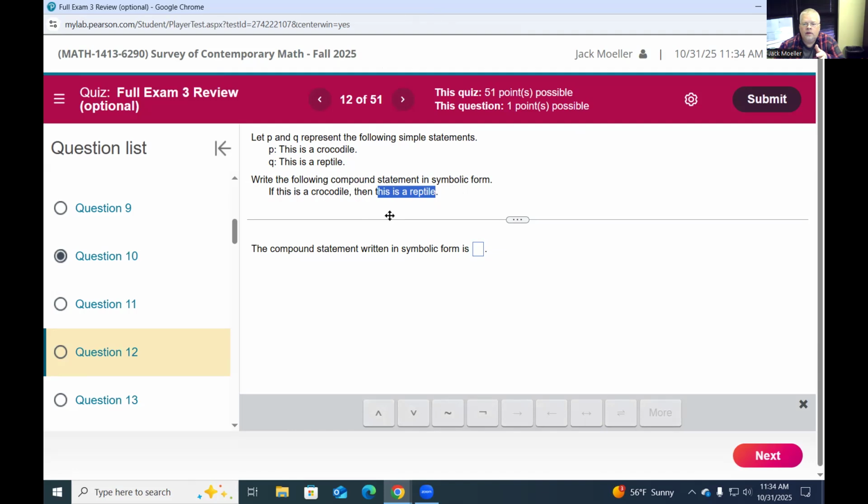And this is an if then, so we need the arrow. So we're starting with P, if then is the right arrow, and then Q. What you have to watch out for is, if there were nots in here, then you might have a not P or not Q, and we've got that symbol there. But those are some basic 3.2 problems, translating English sentences to symbolic form.